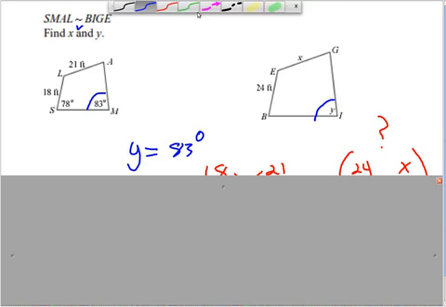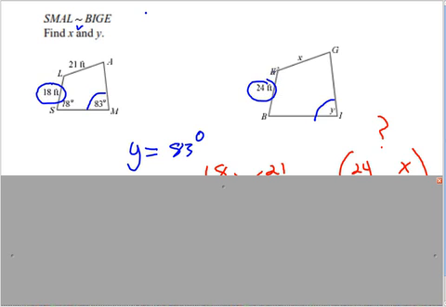Now for the other part, to find a side measure, we have to take a look at side LS and its relationship with side EB. And then we're going to look at how side LA relates to side X. If you remember from before, if the two things are similar, the ratio between the sides has to be the same.